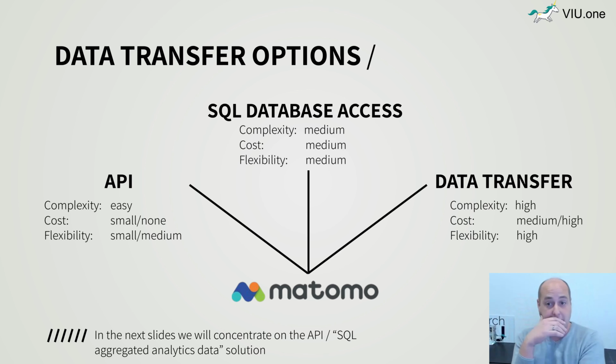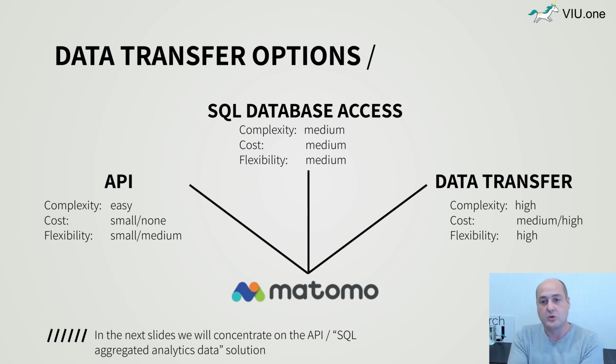So if we compare, the API is really easy, and the cost is minimal or none. If you use that, you have a little bit of restriction in flexibility compared to the other solutions. The SQL database access is not as easy to access as the API.